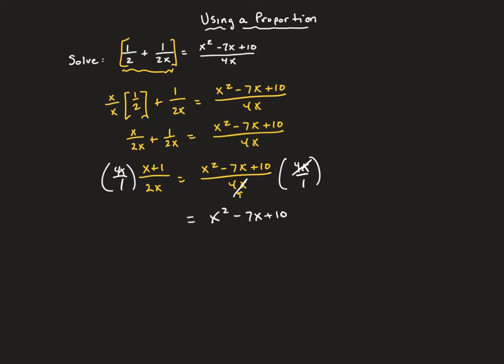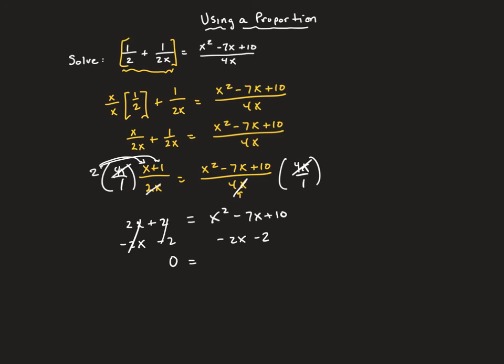Rewrite this side, and here what it does is it simplifies a little bit. I have 4x over 2x. Well, that simplifies down to just 2. So over here I have 2 times x and then 2 times 1, so that's going to be 2x plus 2. And I'm going to subtract them and move them over to the other side.